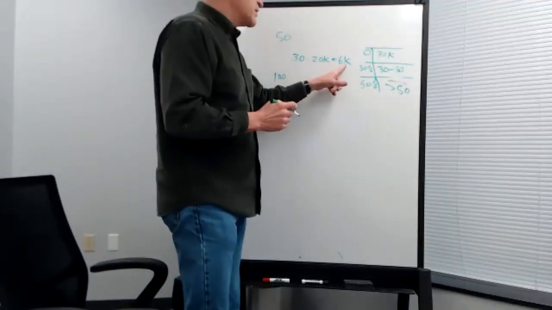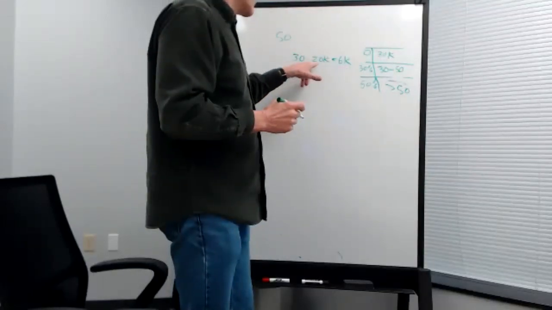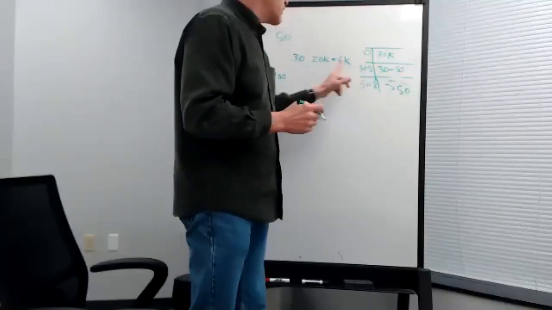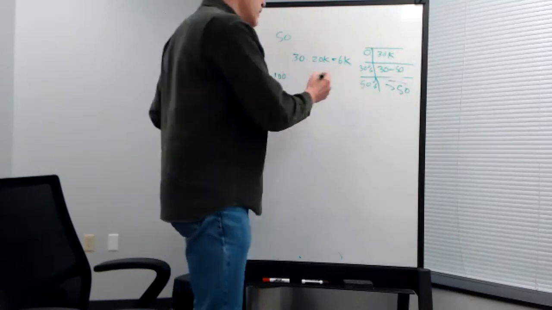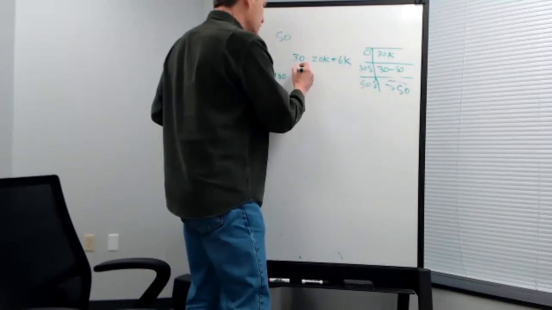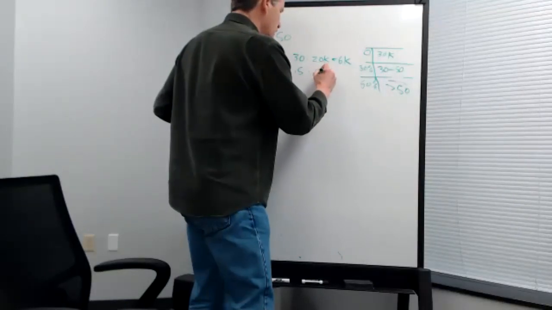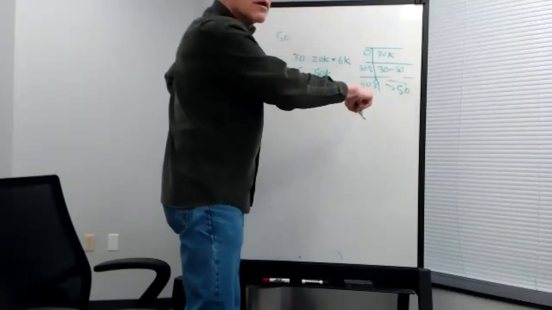You're going to pay $6,000 on the interval between 30 and 50. Between 50 and 100, you're going to be paying half. So you're going to be paying 0.5 on the $50,000 that you're making in this range.